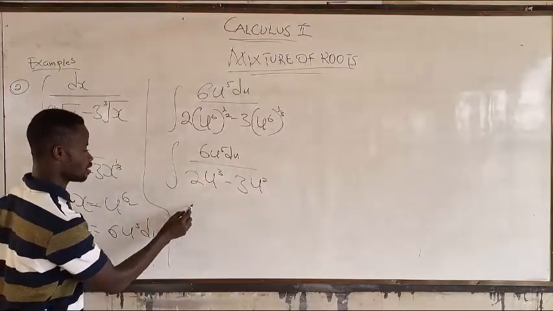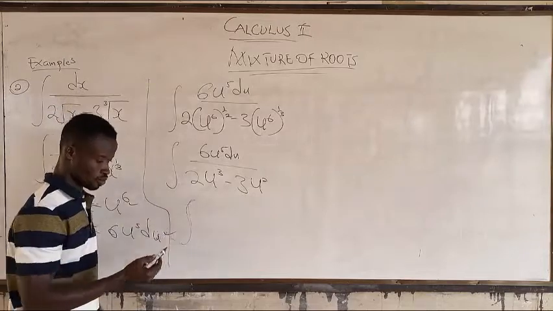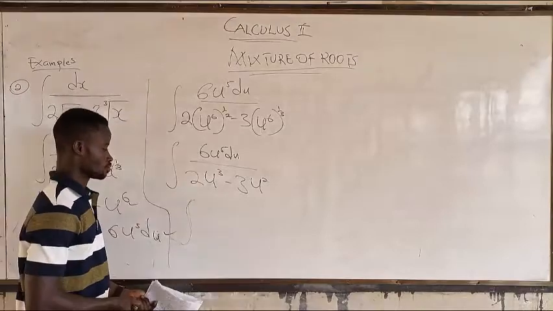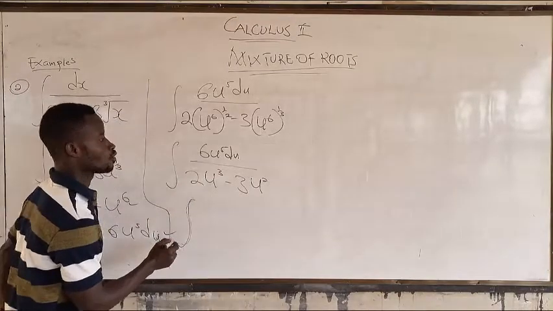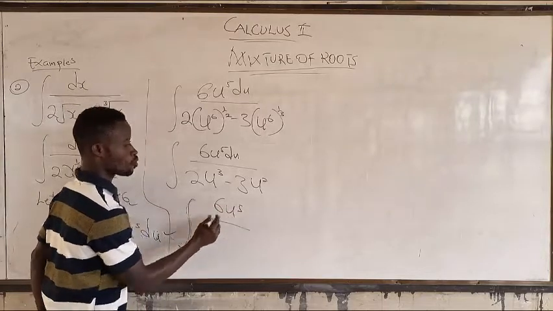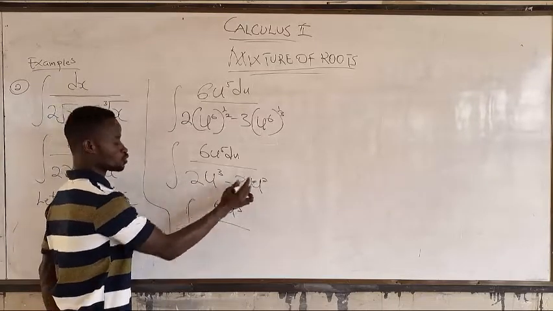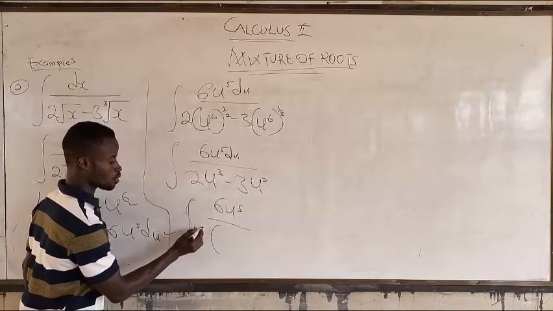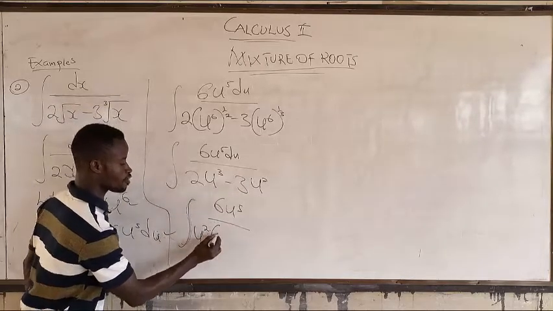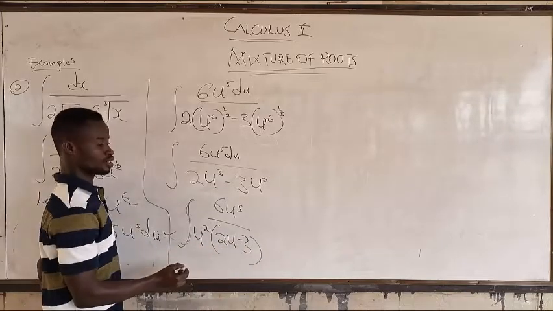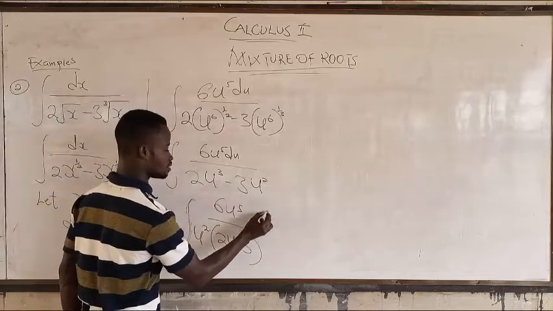Now here we have 6 u raised to the power 5. Here is power 3, power 2. We can factor power 2 out. Then we have 2u minus 3 du.